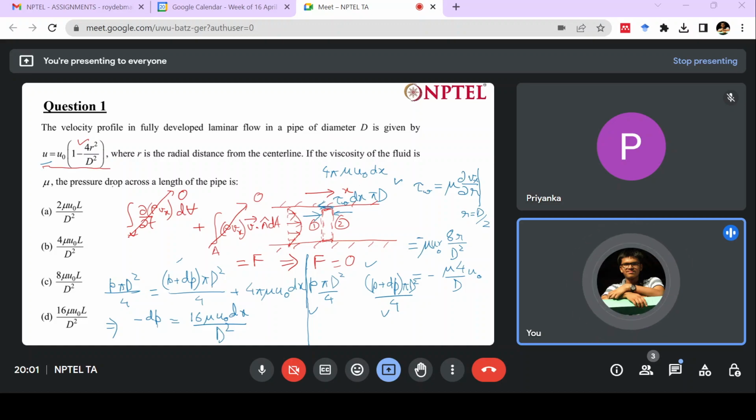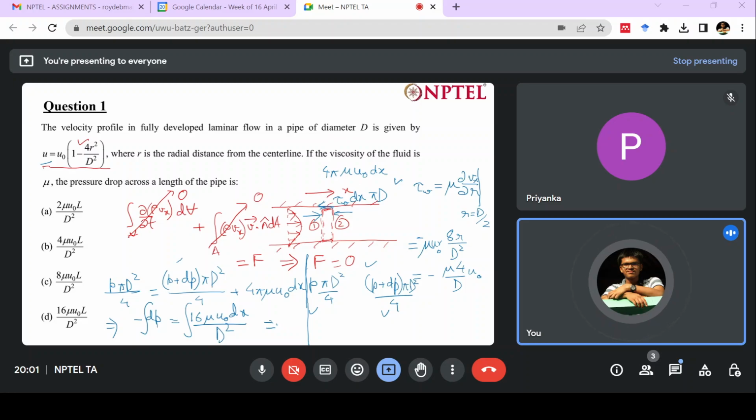Now, if this pipe has a length L, what will happen? Since I can see that the term that we have got in front of dx is not dependent on x, if I just integrate, this whole thing is constant.